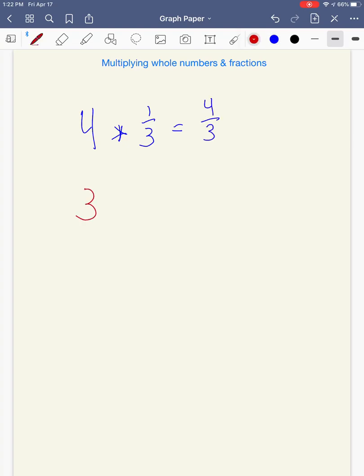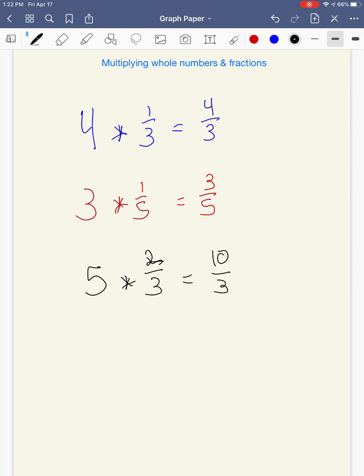Then we had 3 times a fifth, 3 groups of a fifth, and that gave us 3 fifths. And the last one was 5 times 2 thirds, and that gave us 10 thirds.